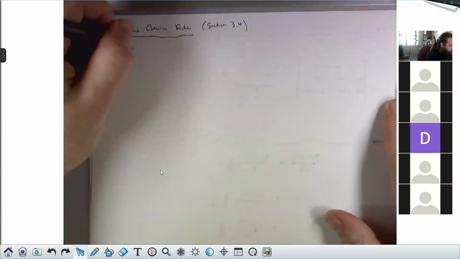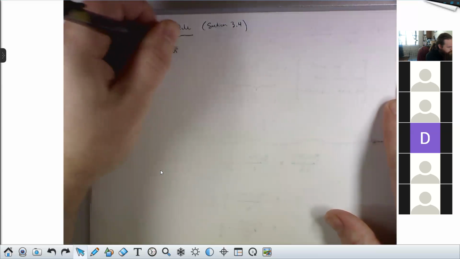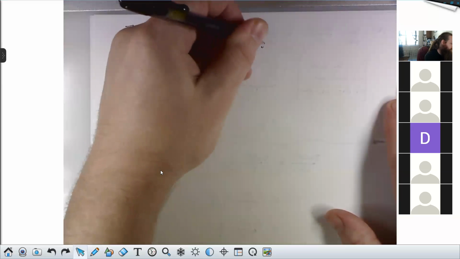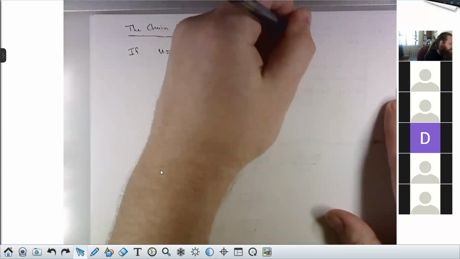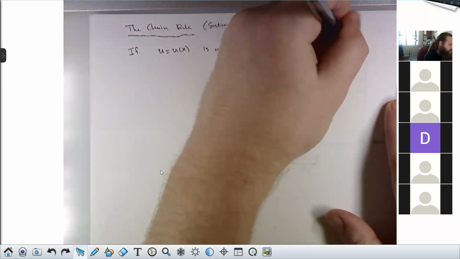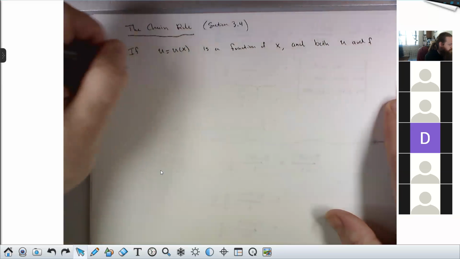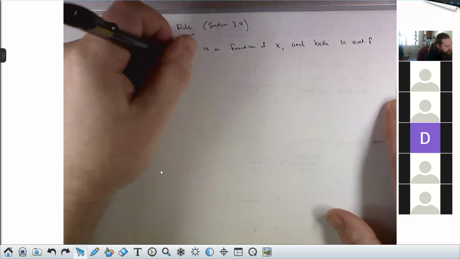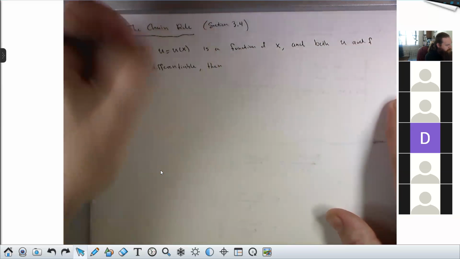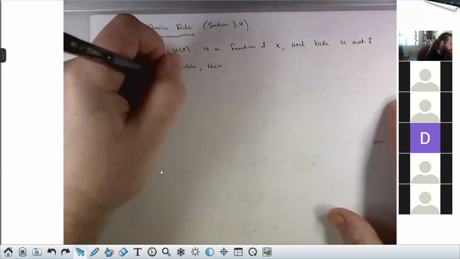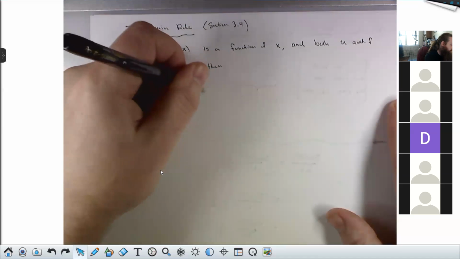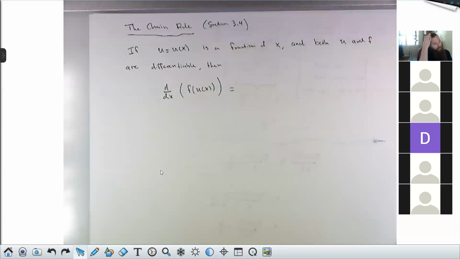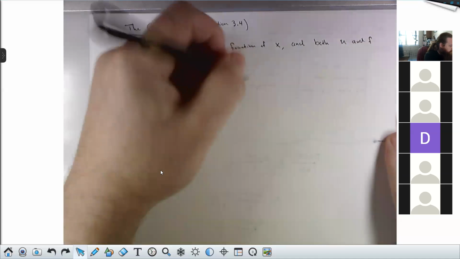This says if u is equal to u of x is a function of x, and both u and f are differentiable, then the derivative of the composite function f of u of x is found by differentiating the outer function whilst leaving the inner function alone.